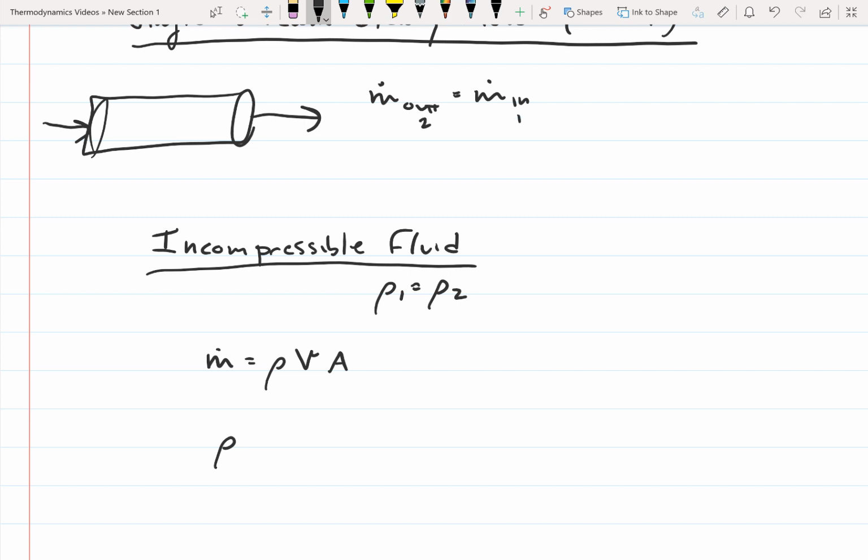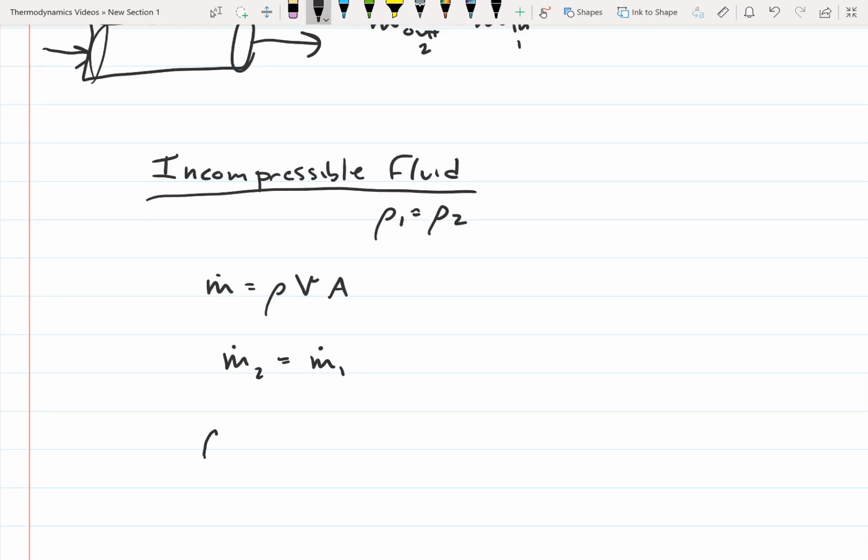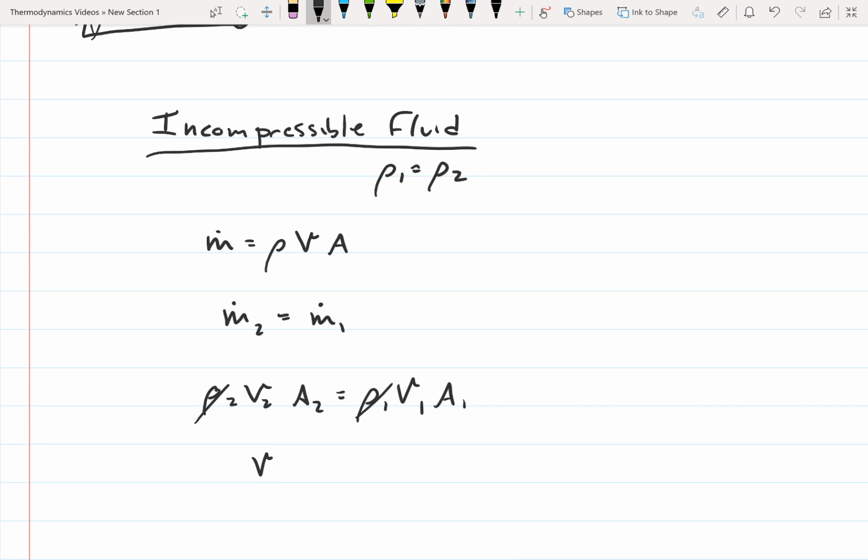So down here, I'm going to have m dot 2 is equal to m dot 1. So then this is rho 2 v2 A2 is equal to rho 1 v1 A1. If rho 2 is equal to rho 1, these just divide out, and we end up with v2 A2 is equal to the velocity of 1 multiplied by the area of 1. And so this is for the case of incompressible flow.